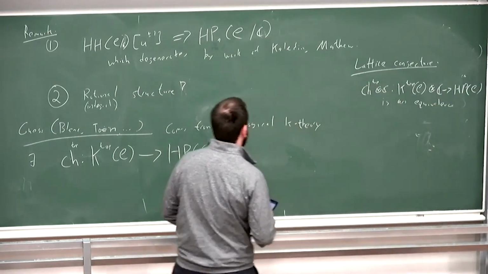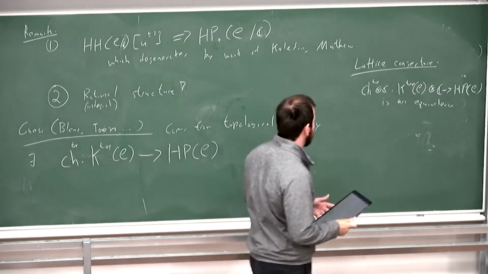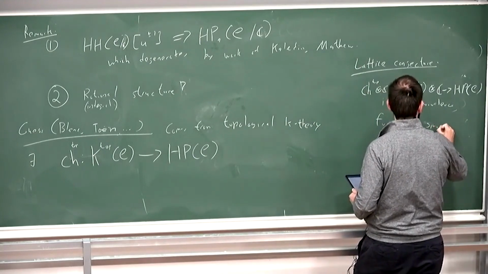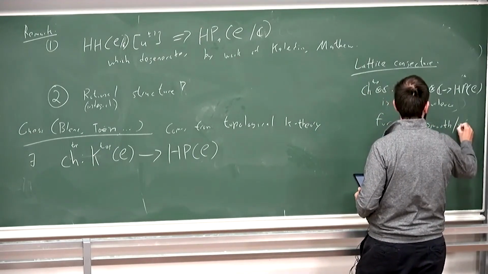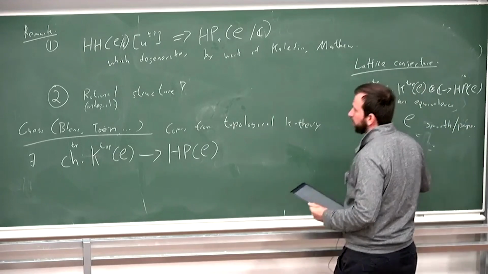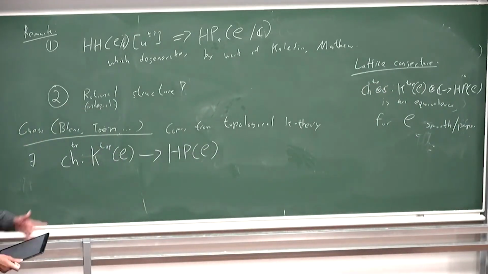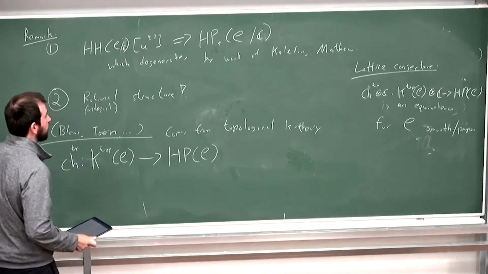So this is the lattice conjecture, and it's stated for C smooth and proper. Alternatively, smooth and proper means that it's dualizable in this category of idempotent complete categories.